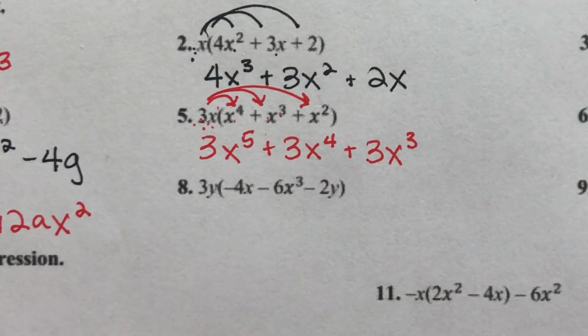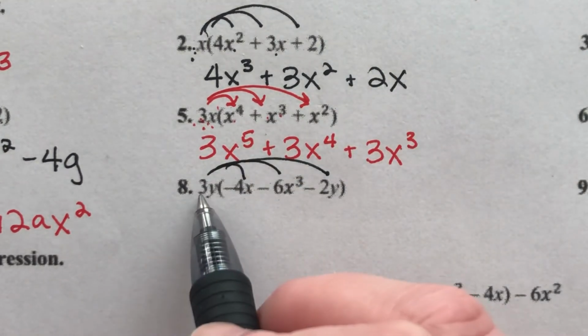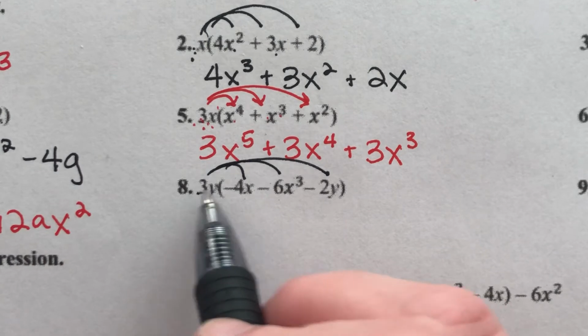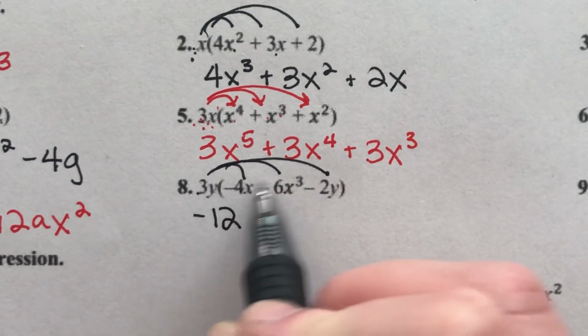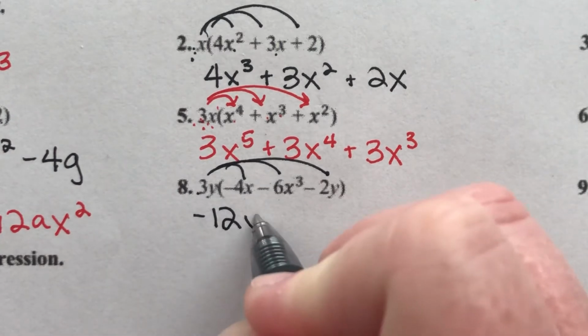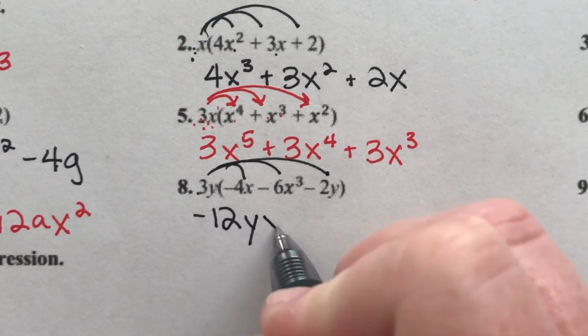Okay, and then the last one down here. 3y times negative 4x. 3 times negative 4 is negative 12. Y times, there isn't another y here, so I just keep it y. And nothing times x, it just stays x, right?